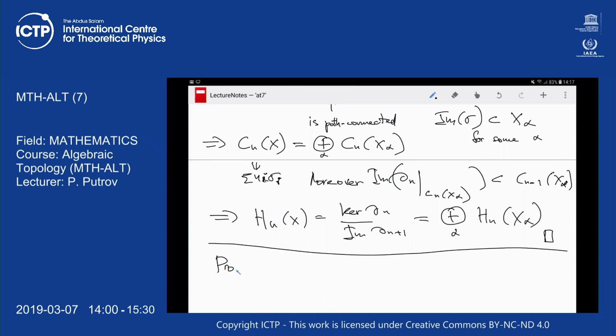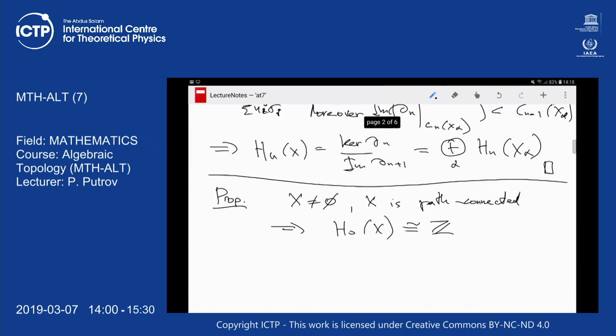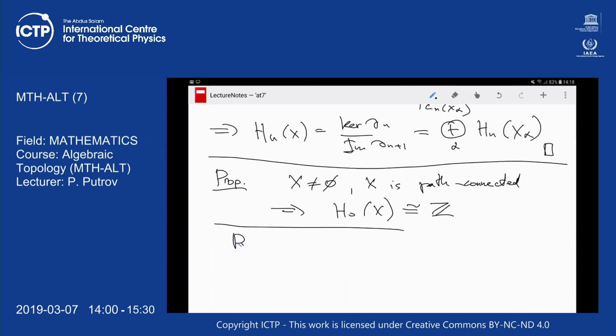So another basic property which I want to show is that if X is non-empty and X is path connected, then the zeroth singular homology group of X is isomorphic to Z. How do we prove this?